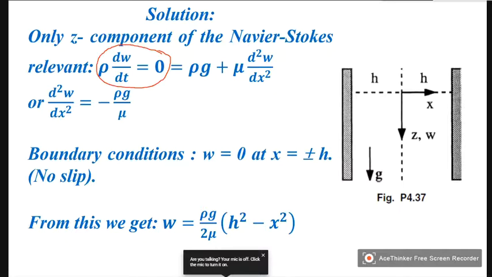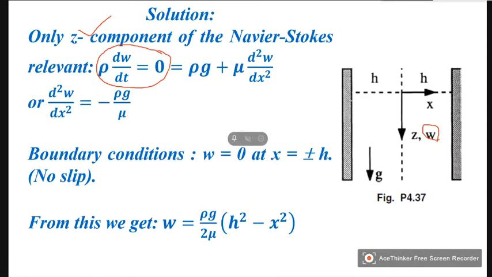You write the Navier-Stokes equations. You can use the Cartesian coordinates because this is not a pipe problem. This is a plain two-dimensional flow problem. So therefore, you can use x direction, y direction, z direction equations, and only consider the z momentum equation, because we are only interested in the variation of W, right?